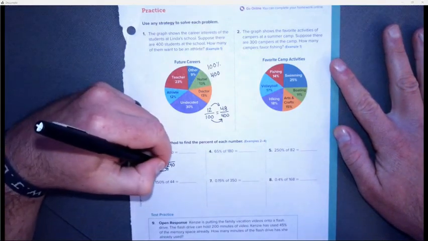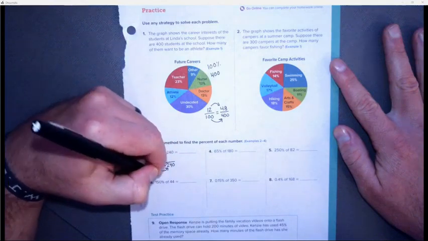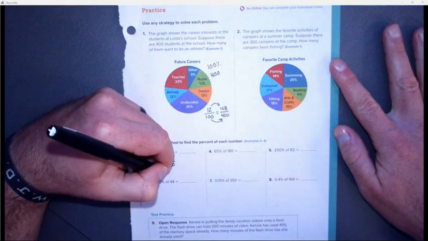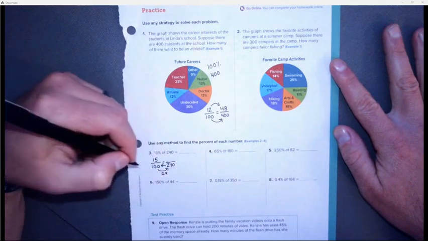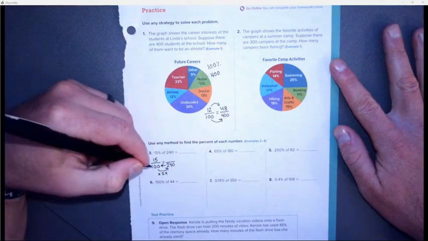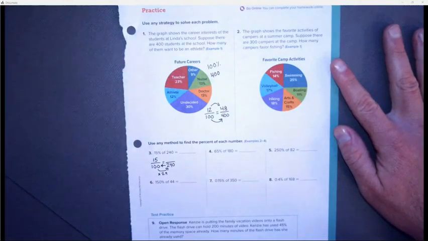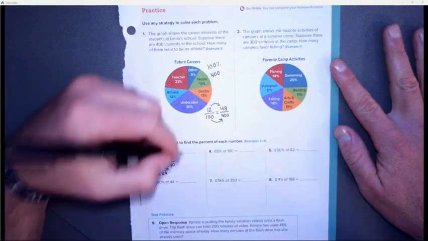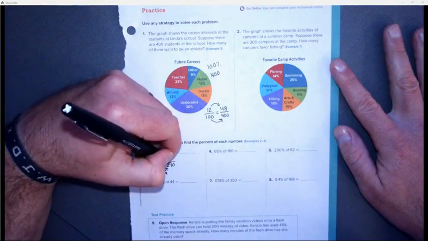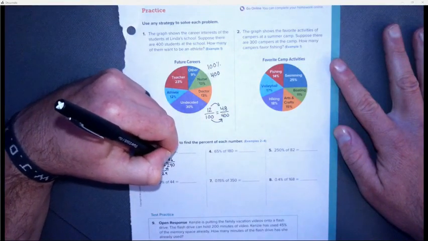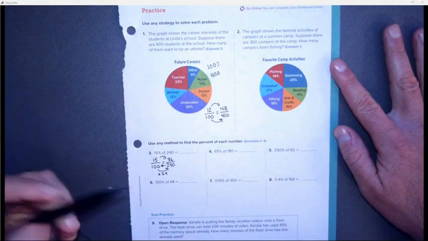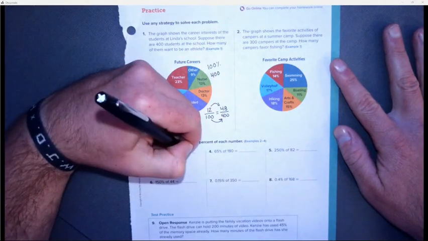Well, I can do 240 divided by 100, and I get 2.4. Since I'm going from a smaller number to a larger number, I will multiply 100 times 2.4. So I will do 15 times 2.4, and I get 36. So 36 is 15% of 240.